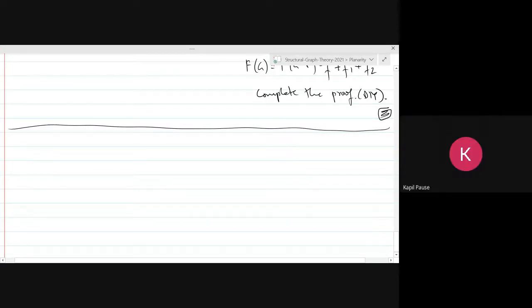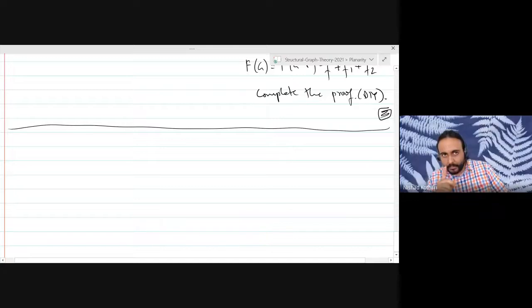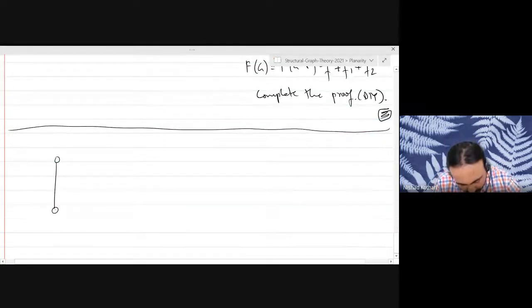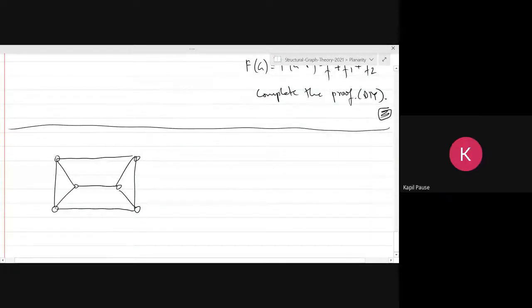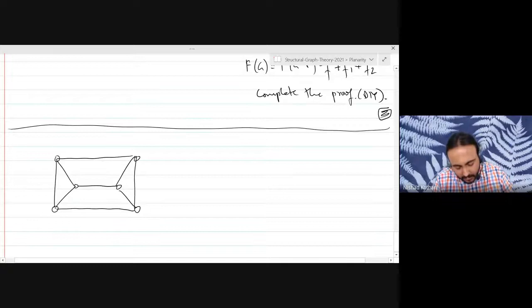Sir, we can actually prove that the cycles corresponding to all the faces form a basis of the cycle space. Hmm. Are you sure? You are almost right, but I'm not sure if you are completely right. So consider this graph. How many faces are there?